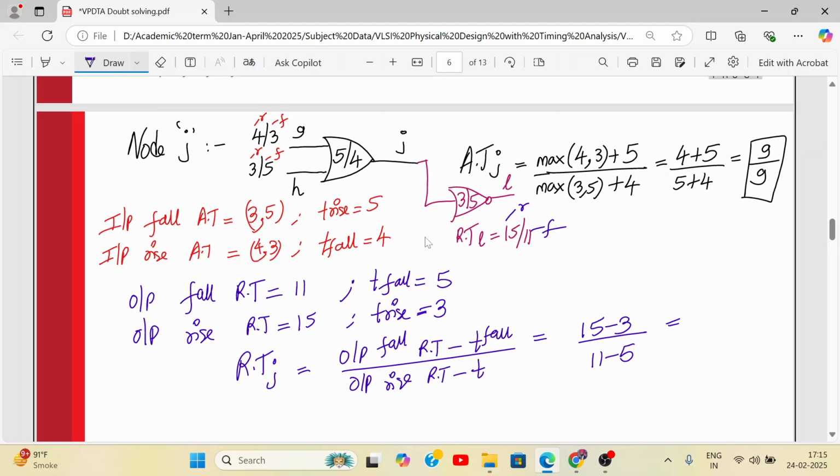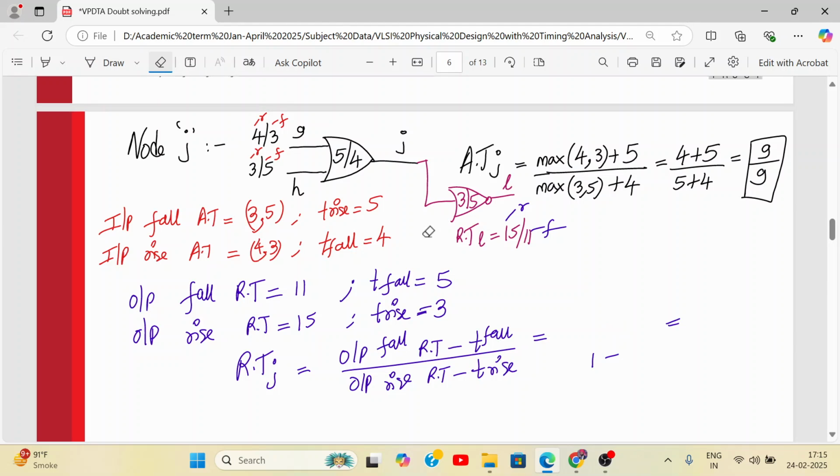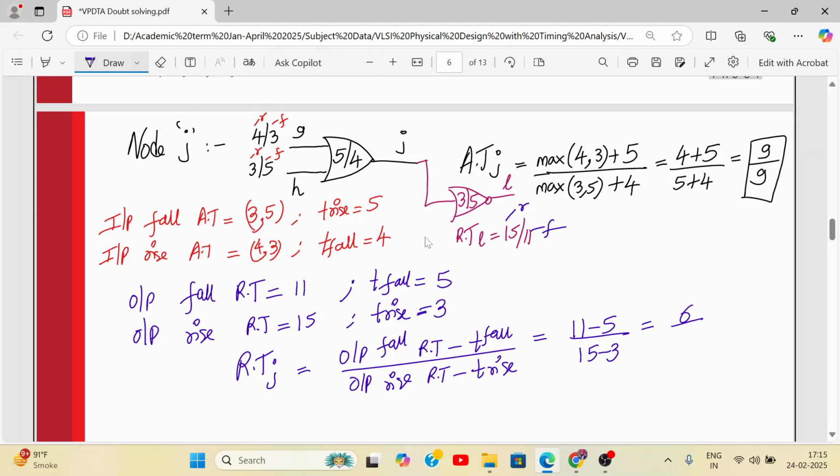Because we are looking at the earlier gate. Okay. And this is rise. So this will be reverse. We need to check what is the condition for the earlier gate. So it is output fall is 11 minus 5 upon 15 minus 3. So this will be 6 by 12. Alright. So this is the return time at node J.